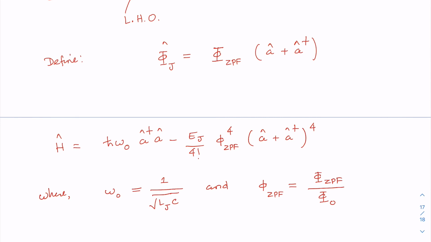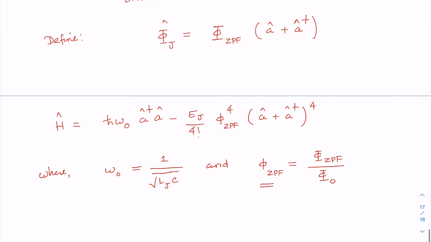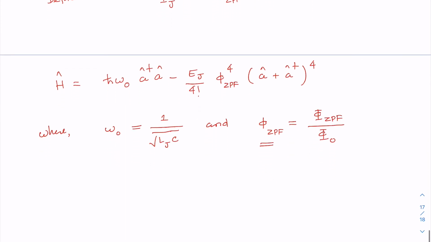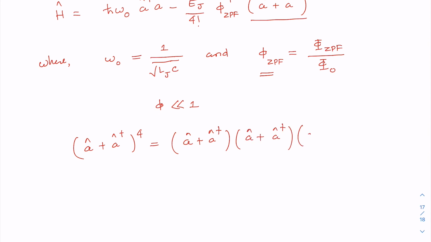Now this normalized quantum fluctuation is mostly very small, and taking this into account, let us first focus on this nonlinear term, a plus a dagger to the power 4. We can expand it, and because these are operators, while expanding it one has to be very careful. When we take the multiplication, we have to multiply as per the order.